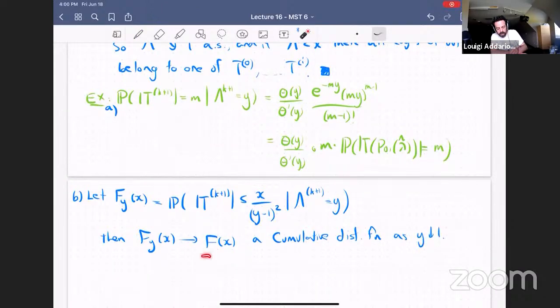Okay, so what this is saying, in particular, is that when y is very close to 1, the size of a pond when lambda has that value is of order 1 on (y minus 1) squared, right?